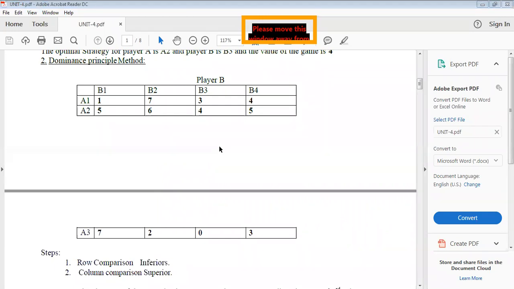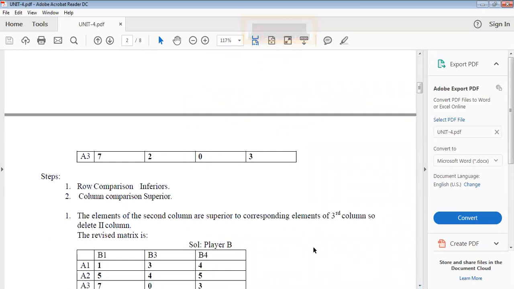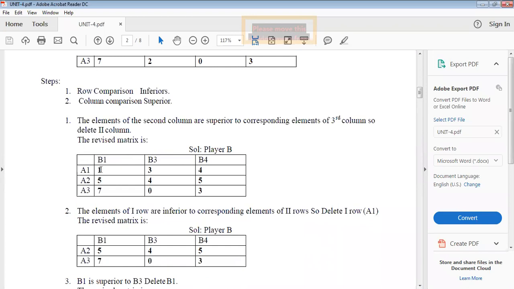So first of all, in this particular case, take up row comparison inferiors, column comparison superiors. Row comparison superiors, column comparison superiors. So the first row, second row, third row.